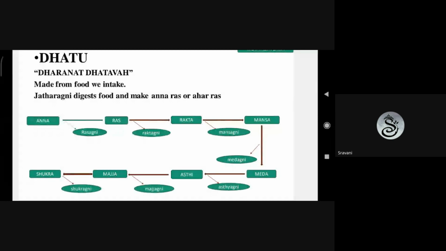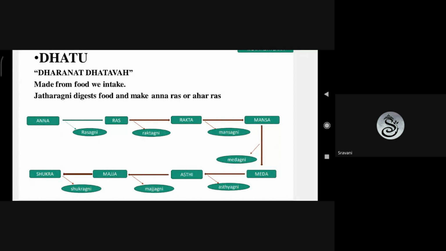take roti or rice, chawal. So Jatharagni is digesting that roti or chawal into annaras. Okay, anything you are intaking, Jatharagni with its metabolic processes is converting the food into annaras or ahararas.